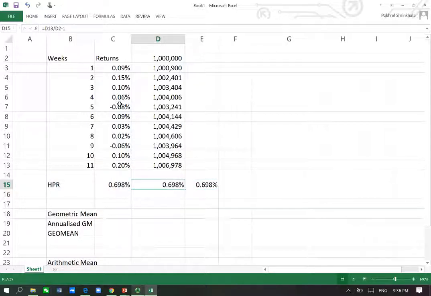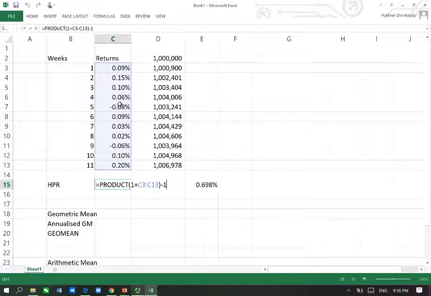time period. Now what we want to apply is, given we've just seen the product function, we want to find out the geometric mean. Now geometric mean also is similar to this, but instead of minus 1, what we need to do is power 1 over n minus 1.